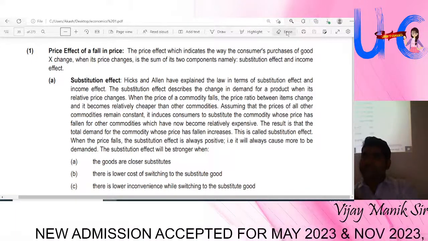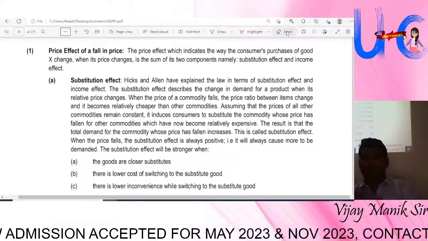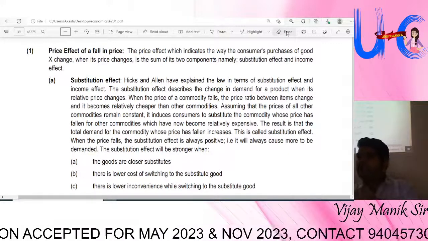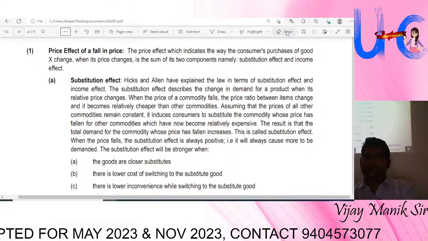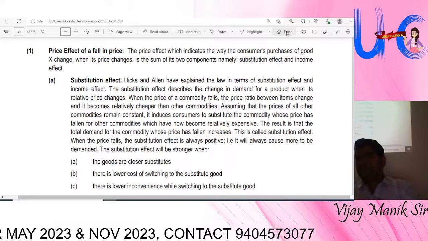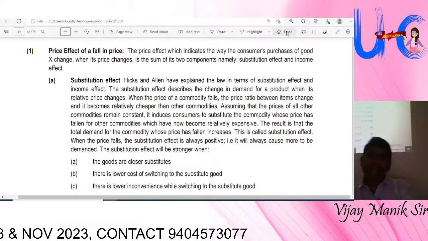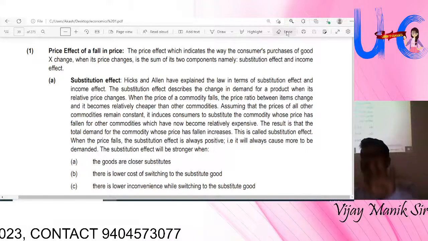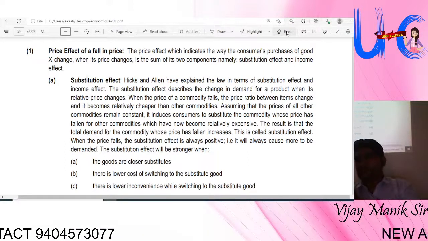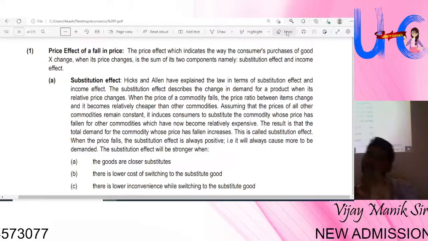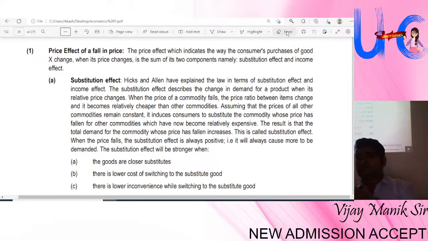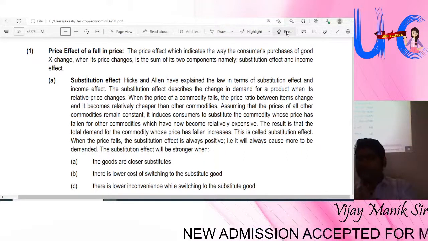A commodity can be substituted by another commodity, and it will be because of the price. Two commodities are there and the prices of the commodities are a little bit plus or minus. Then the one with the lower price can be preferred by the consumers. Did you understand?